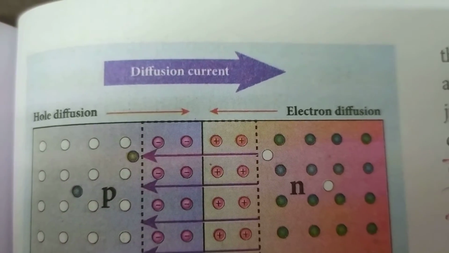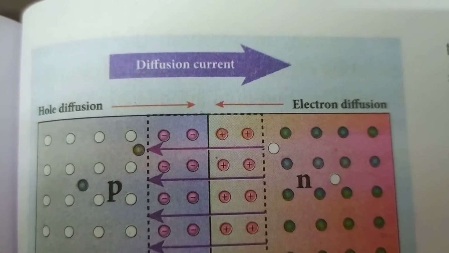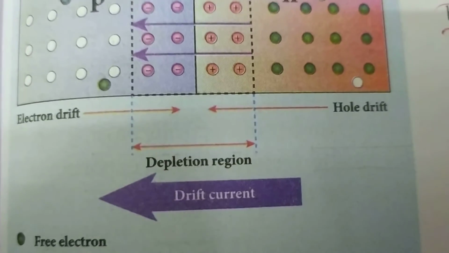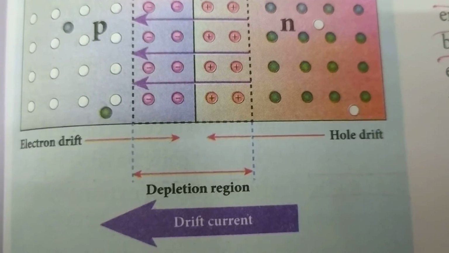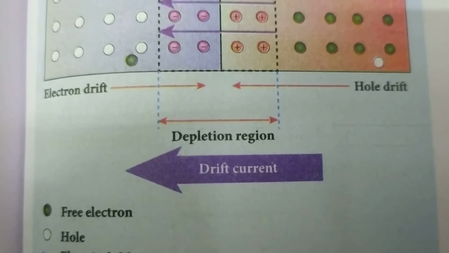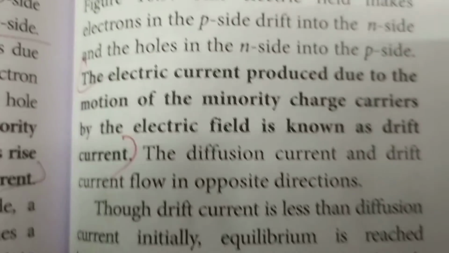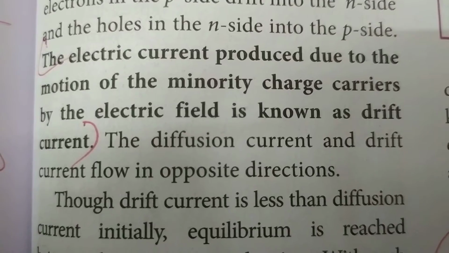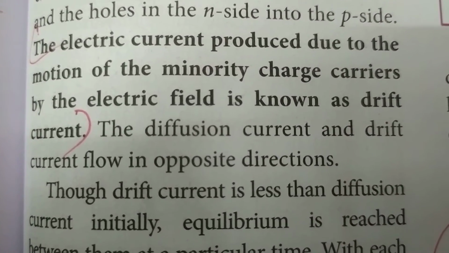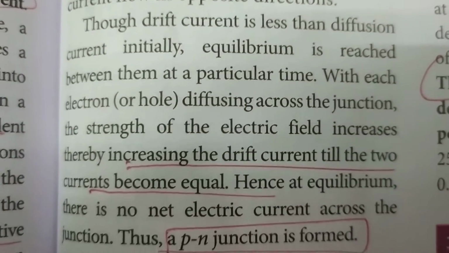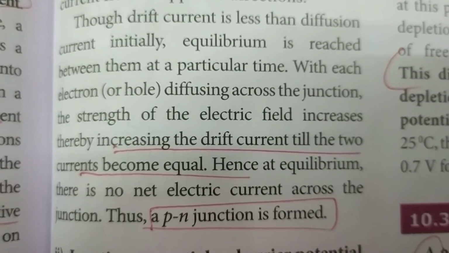This is the diffusion current, which moves from p type to n type, that is the conventional current direction, and the drift current is from positive ion to negative ion. You see both of them are opposite in nature. The electric current produced due to the motion of minority charge carriers by the electric field is known as drift current, and they are in opposite directions.